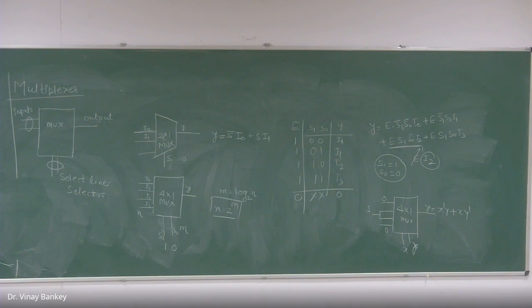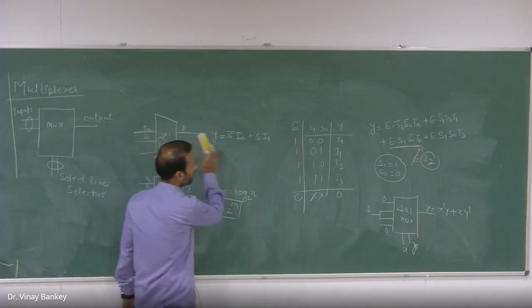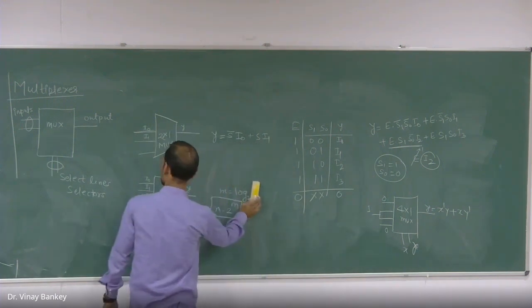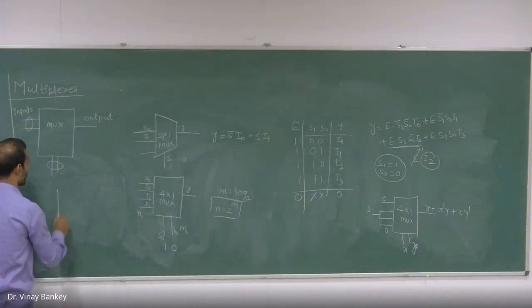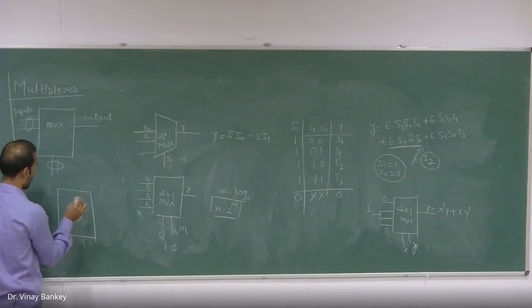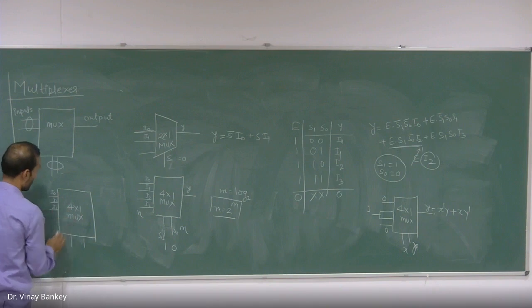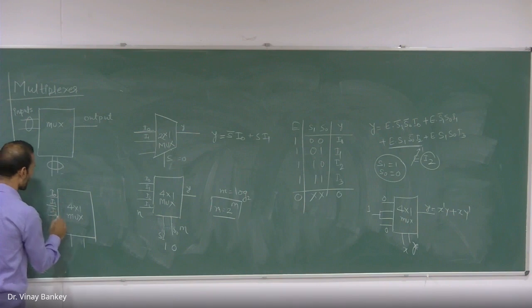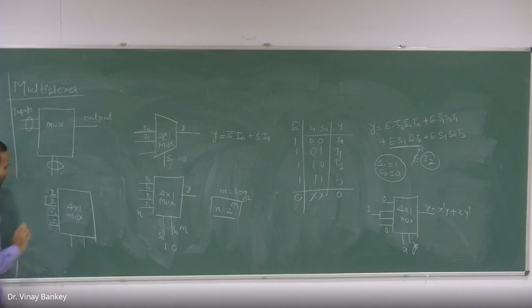Okay, before that, please answer this question. You have a 4x1 multiplexer IC, with inputs I0, I1, I2, and I3.